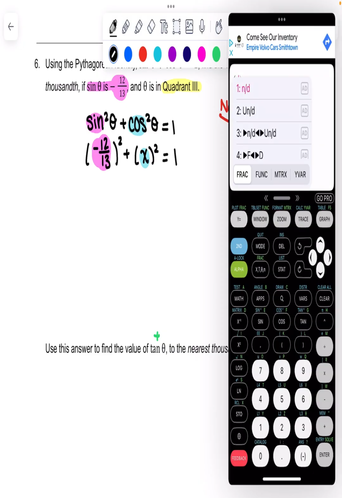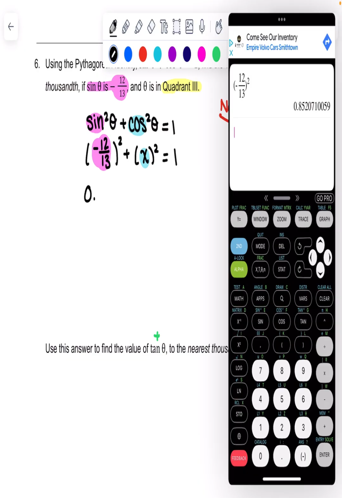Type in 12 over 13. Oh, not 3, 13. And then square that. Now, on your paper, you could just do about, let's say, 5 decimals and put a little dot, dot, dot, plus x squared equals 1.